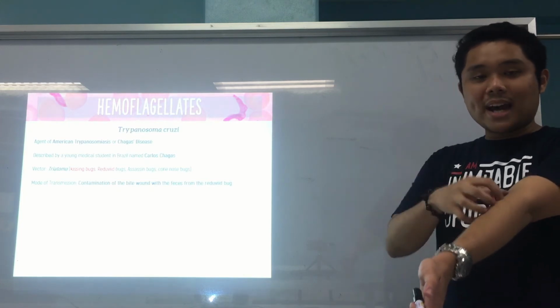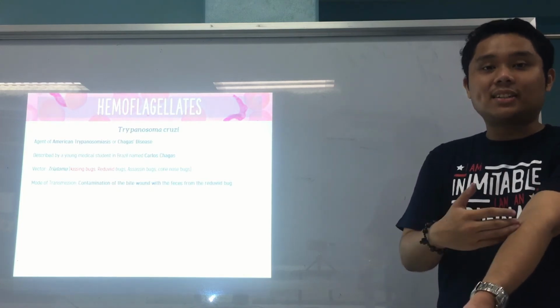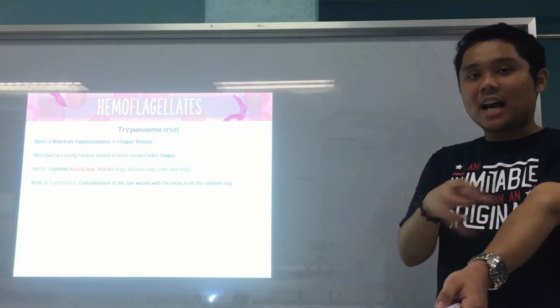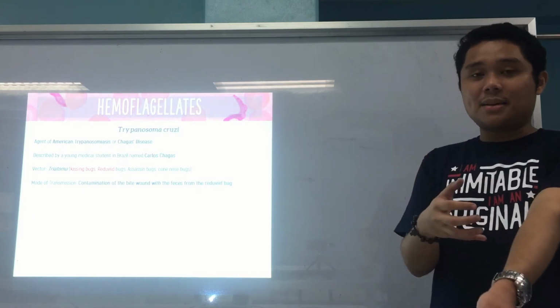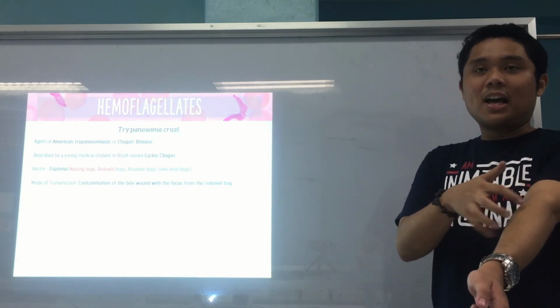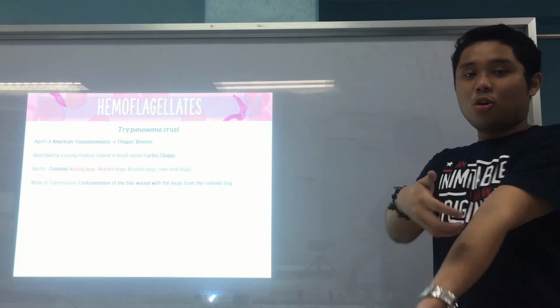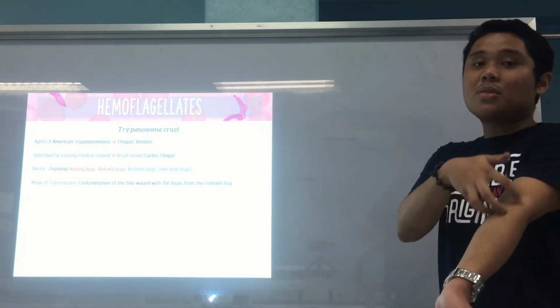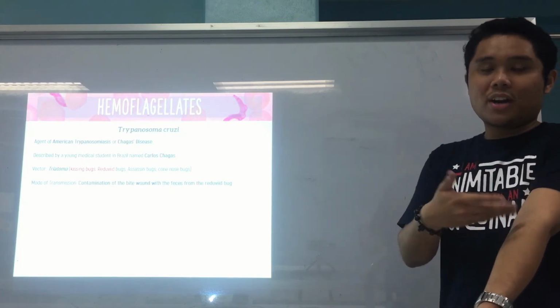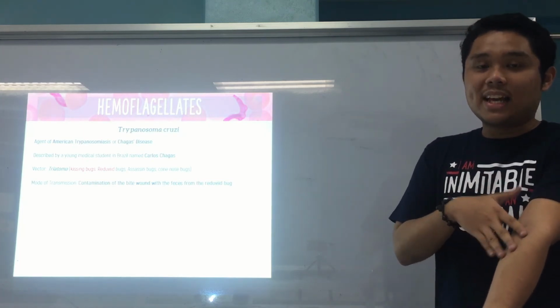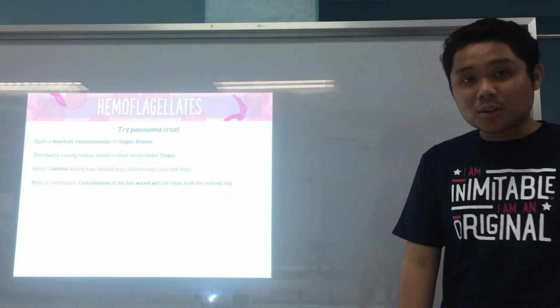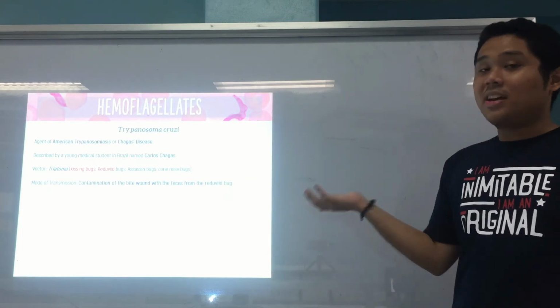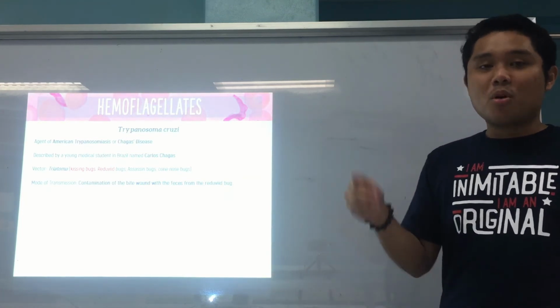Now, because of the biting of the triatoma bug, it's itchy. So of course, when you feel itchiness, you scratch. When you scratch the area, you also push the feces, which contains the trypomastigotes, into the bite wound. And that is where the trypomastigotes enter your body, through the contamination of the bite wound with the feces from the reduviid bug. That's the main mode of transmission.